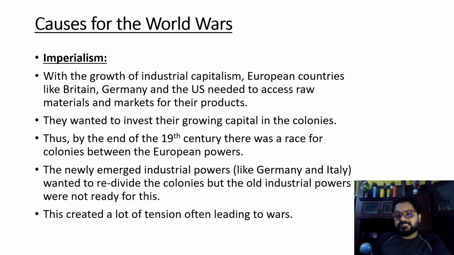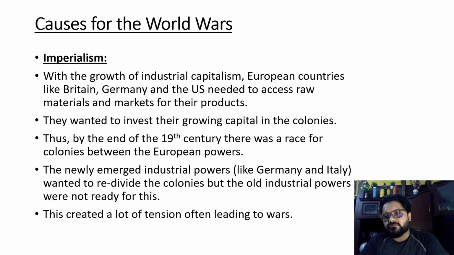Now, the second contributing factor for the World War is imperialism. What is imperialism? Imperialism is where a country exercises its powers on a less powerful country. For example, Britain is an imperial country that exercised its powers over its colonies in Africa and Asia.